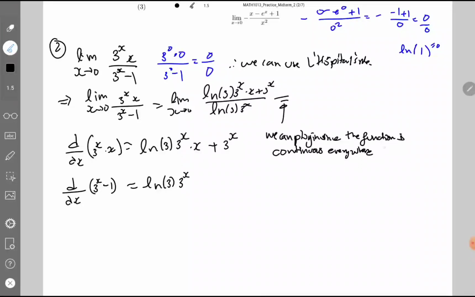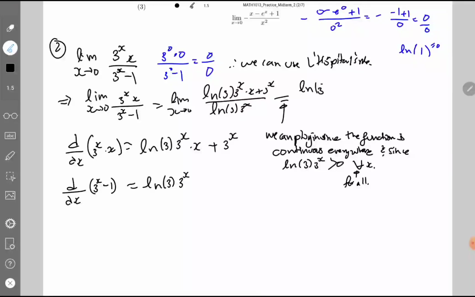And since the natural log of 3 to the x is strictly greater than 0 for all x. And so we can plug in because it is continuous everywhere, right? These are using week 3 continuous rules that we kind of went over. And so here I can plug in.